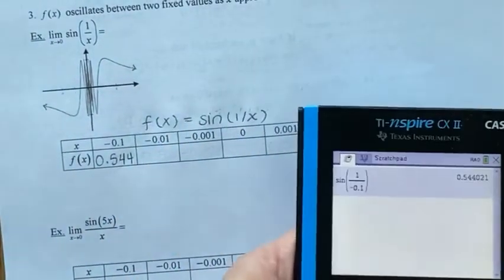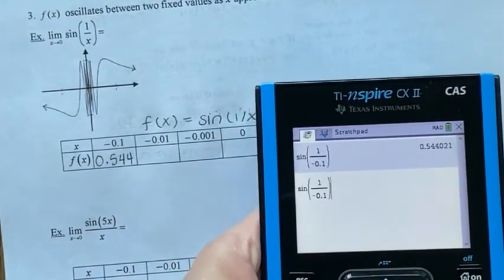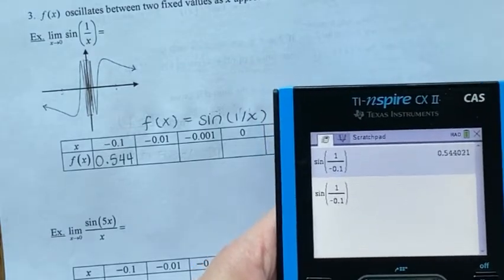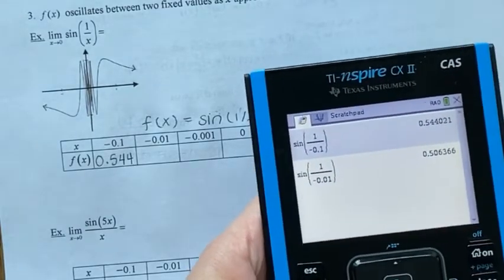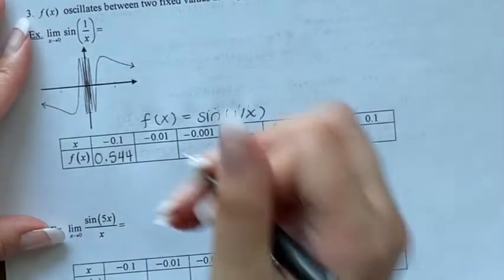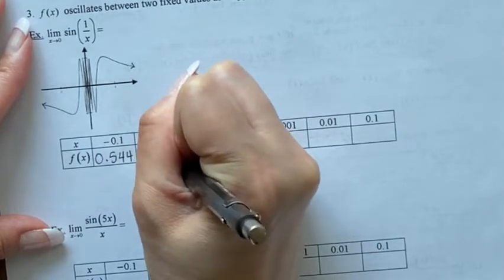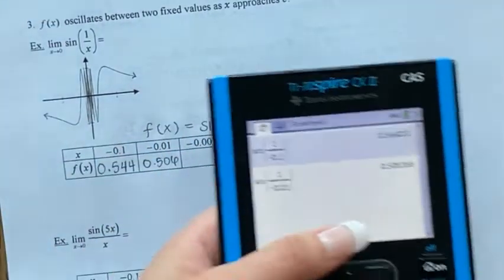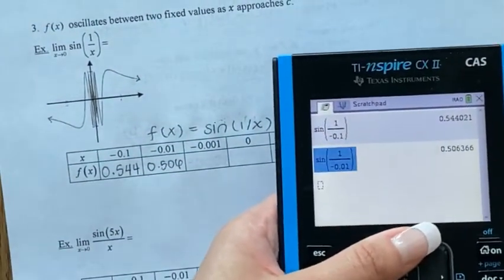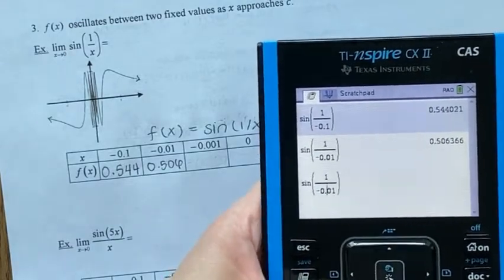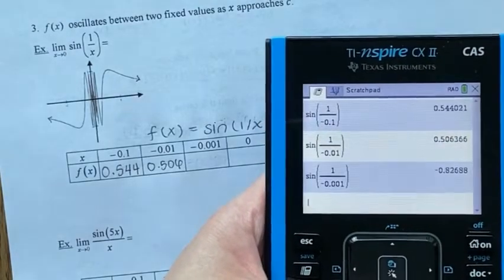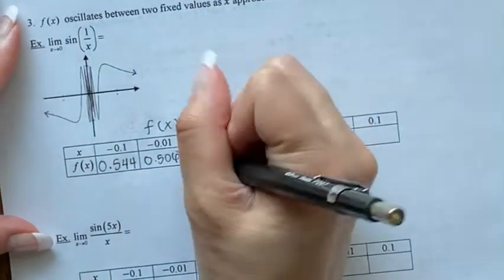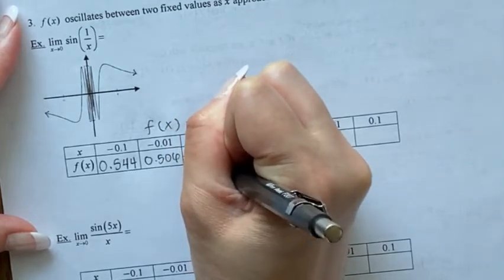Following the same idea, you copy this one, and I'm going to add a 0 there. So you have that it's positive 0.506, and then for the next one you copy this one and add another 0, and you have negative 0.826.